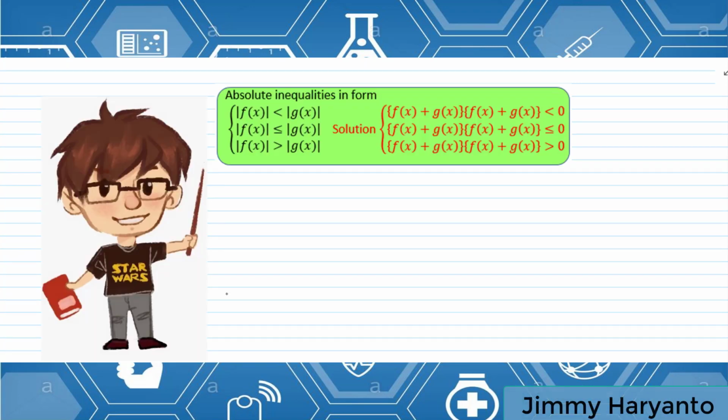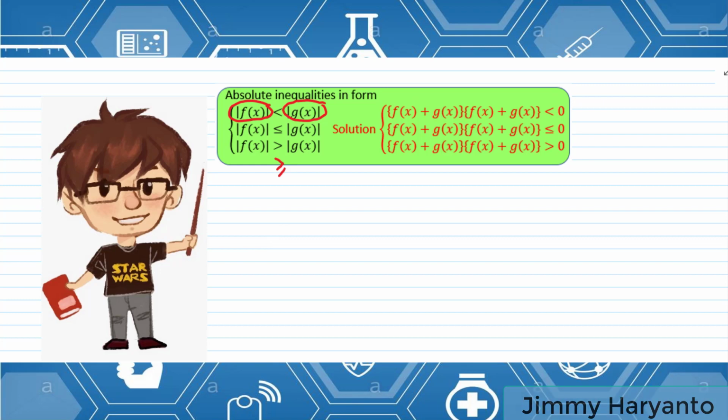The third form, the hardest form in absolute inequalities, is this one. We have an absolute function on the left side, and also an absolute function on the right side, f(x) and g(x). The sign could be less than, less than or equal to, greater than, and greater than or equal to. The solution is like this.